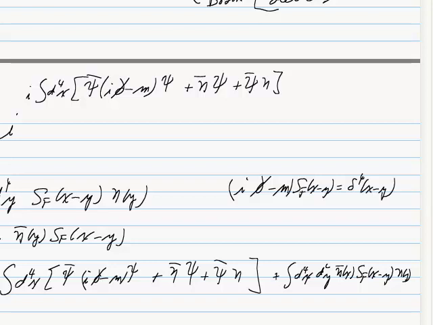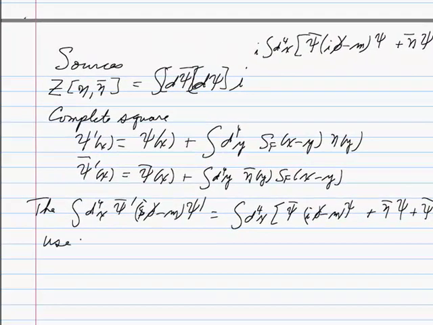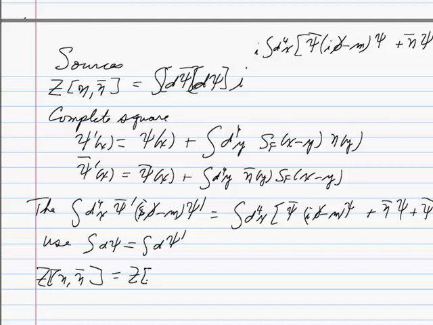Okay, so then if we use that the integral d psi is the integral d psi prime, we end up with Z of eta and eta bar is Z of 0 and 0. So we start with this.